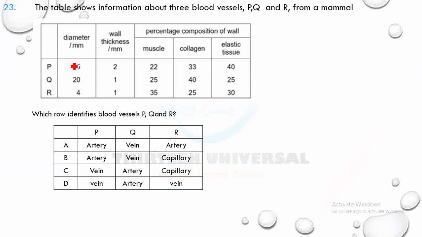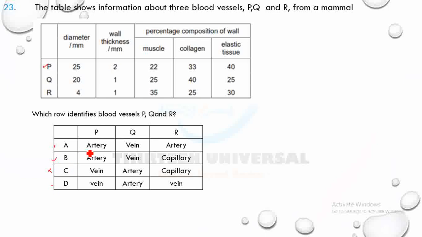Let's go to the diameter here. P is 25, Q is 20, R is small. But look at the thickness. The one that has the thickest wall should be the artery. Which one is the artery? A, because it has a thick wall. So A and B remain, and we are eliminating C and D based on that thickness.